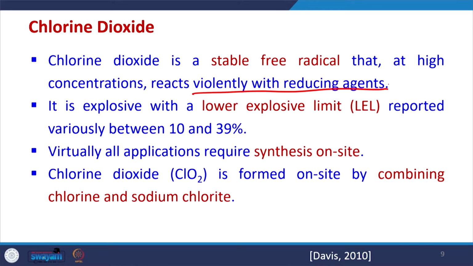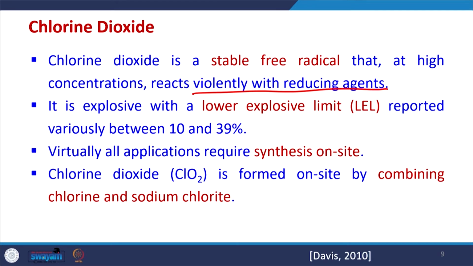This is one of the basic characteristics of chlorine dioxide. It is explosive, with a lower explosive limit reported between 10 to 39%, and virtually all applications require synthesis on site. So, if chlorine dioxide is needed, it has to be formed on site before usage.